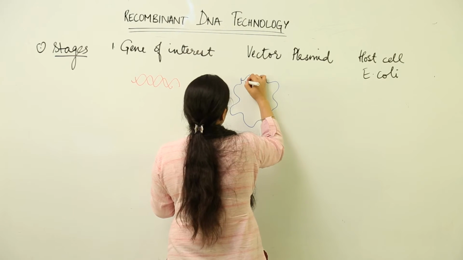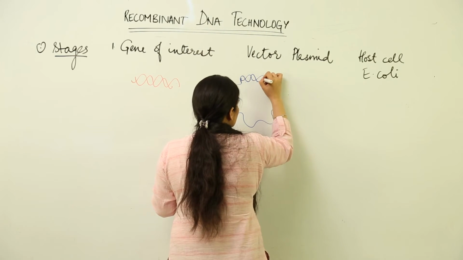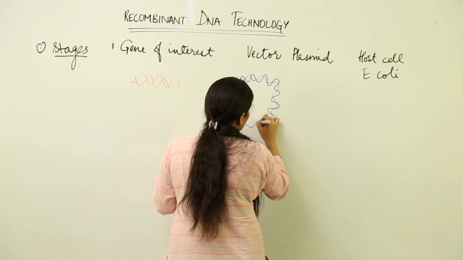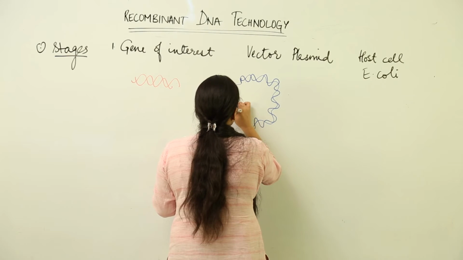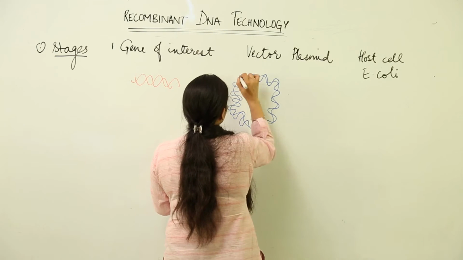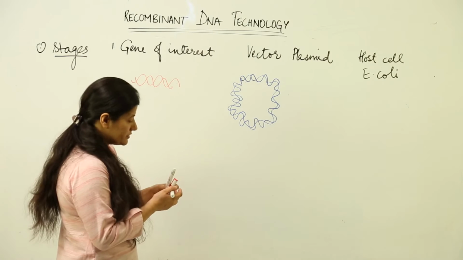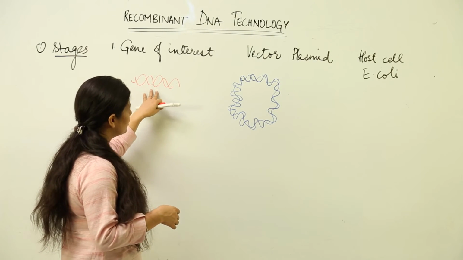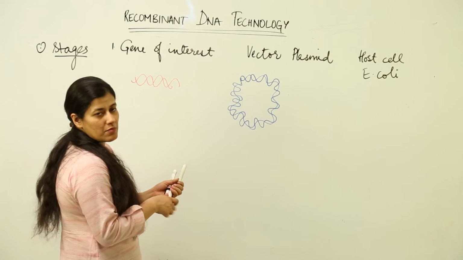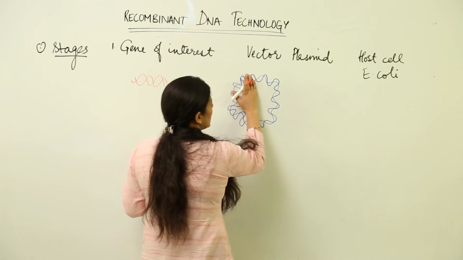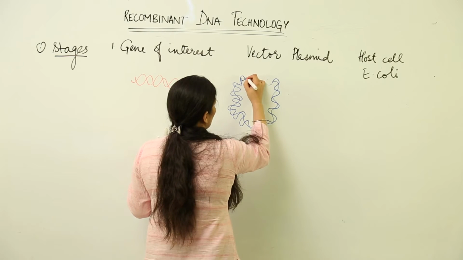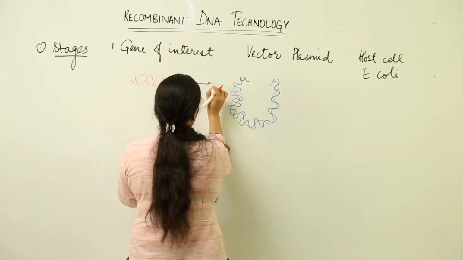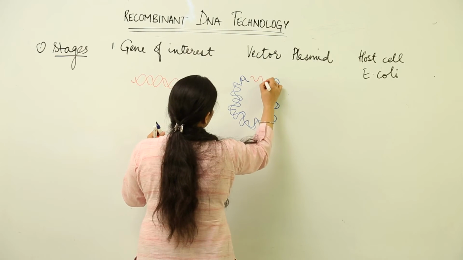Supposedly this is the plasmid. This wavy pattern is how I have tried to represent the DNA, though it does not look like that. Now this gene of interest, using the same restriction endonucleases, will be incorporated into the plasmid like this.